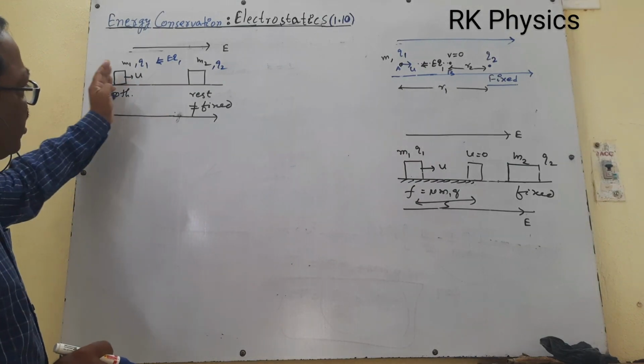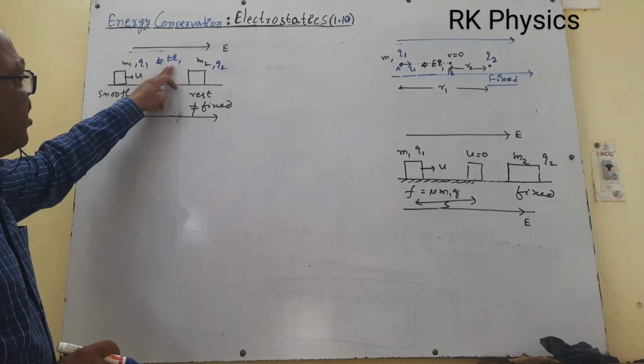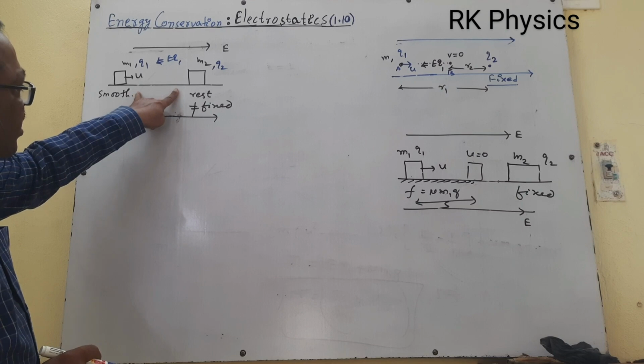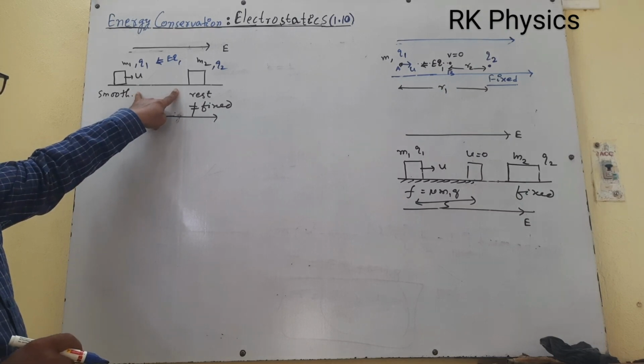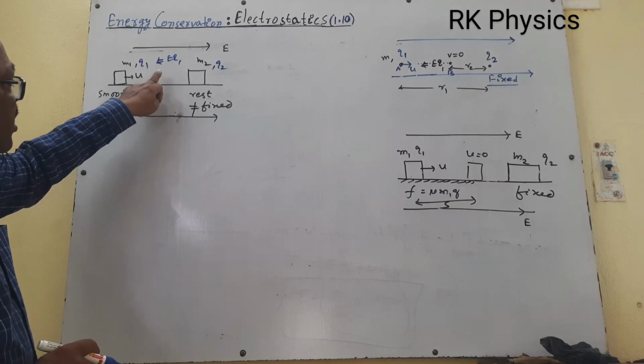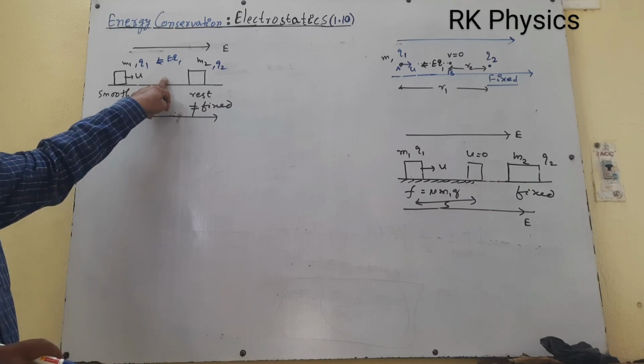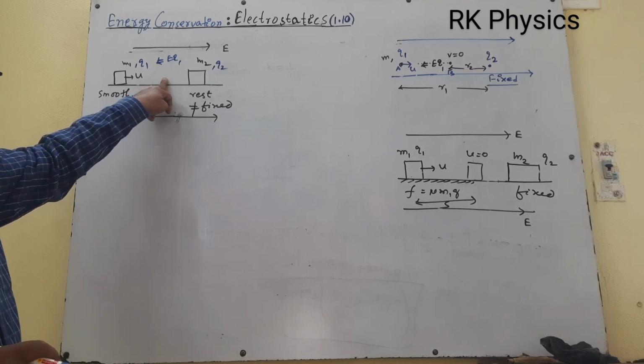Now, when the body is moving against the system, its distance goes on decreasing, which means electrostatic repulsion goes on increasing.